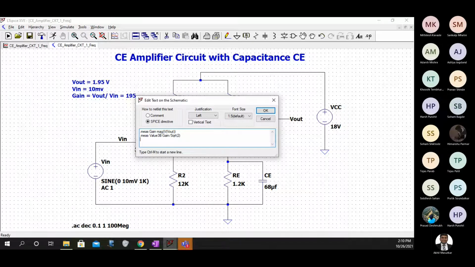And then I will write .measure bandwidth, and we have to measure that bandwidth when the command is strict, trigger the measurement, and the magnitude as a voltage value of V out, that is the rising voltage value, equal to value 3dB.